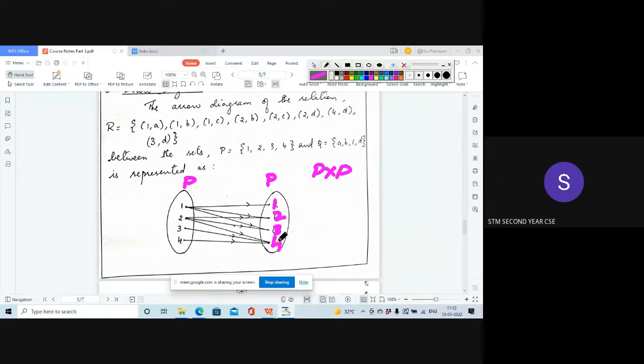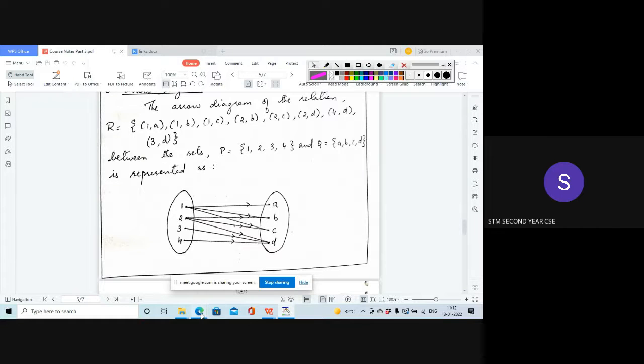If two sets, P and Q, are given, then the first will be P and the second will be Q. Inside the first ellipse you represent the elements of P, and inside the second ellipse you represent the elements of Q. So these are the four ways in which you can represent relations.